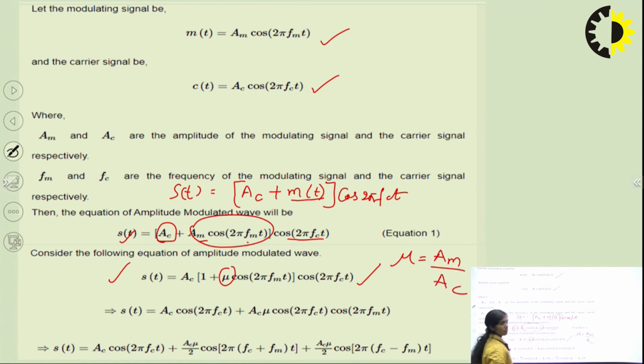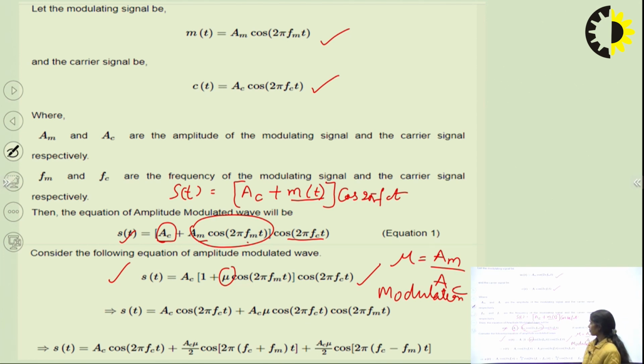Mu is called the modulation index, or we can say the depth of modulation.